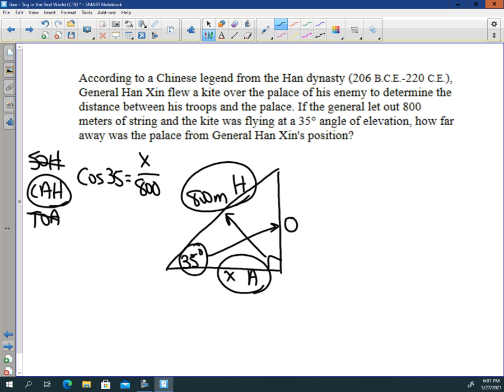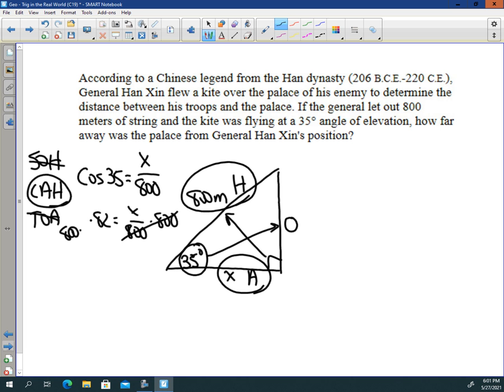Now, just because the number's in the bottom doesn't mean we've done anything wrong. It happens sometimes because we always have to put whatever is in the adjacent, in this case it's x, over the hypotenuse, in this case it's 800. So now we're going to take cos of 35, and that's 0.819, so I'll say 0.82 equals x over 800. Now I'm still going to multiply by what's in the denominator. This time it's going to be by 800.